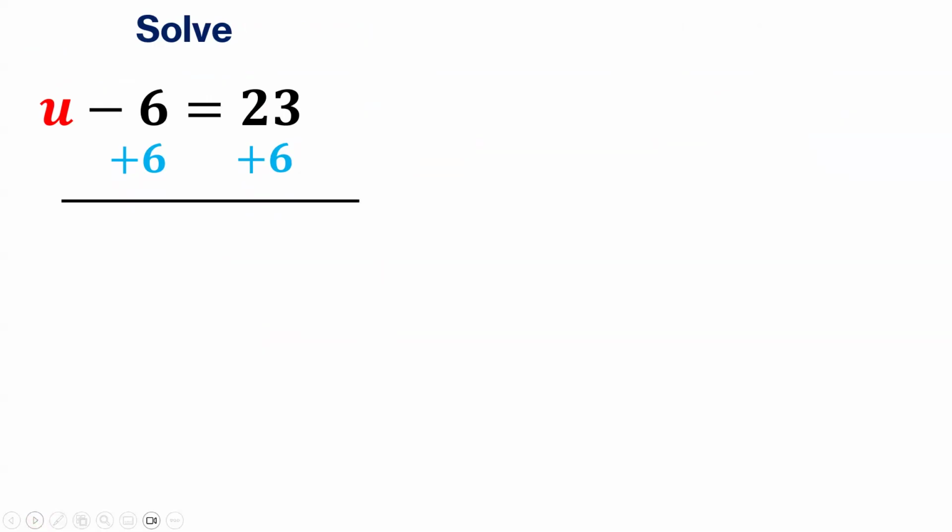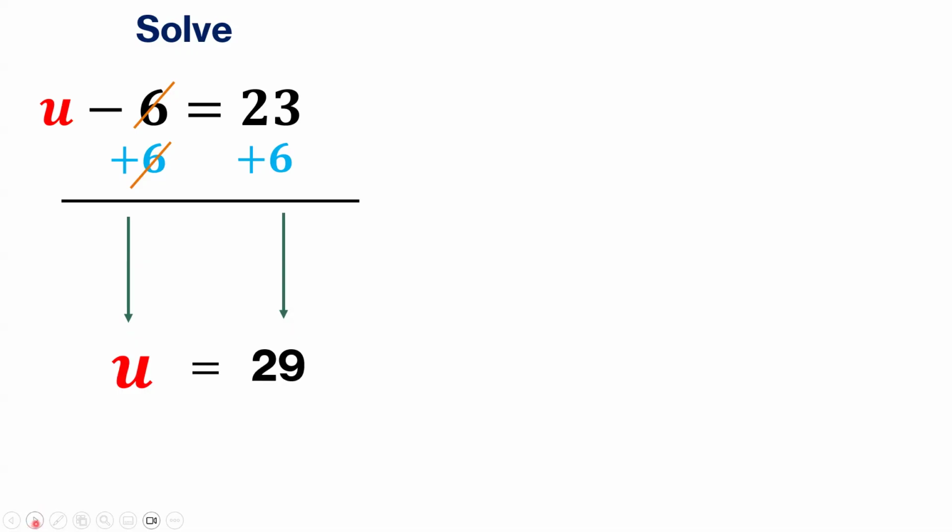Okay, so if I add 6 on the two sides, for the left-hand side, negative 6 plus 6 will be 0. It's cancelled. So the left-hand side will be only u. And the right-hand side, you will add 6 as well, so it will be 29.